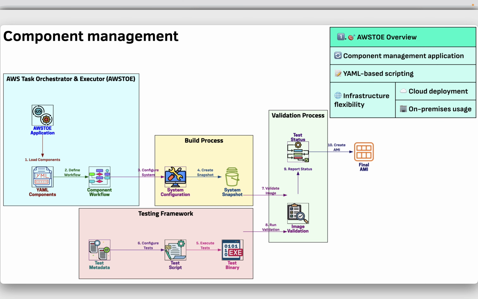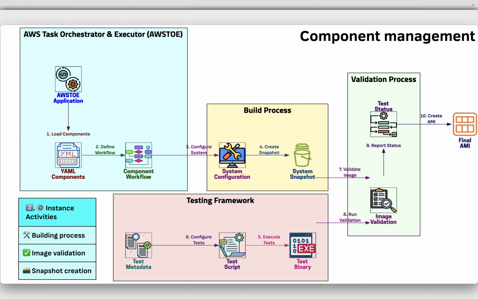Component management. So there is a component called AWS Task Orchestrator and Executor. EC2 Image Builder leverages this particular component, AWS Task Orchestrator and Executor, which is a versatile component management application that orchestrates complex workflows using YAML-based scripting, with the flexibility to run on both cloud infrastructure and on-premises environments without additional setup requirements.